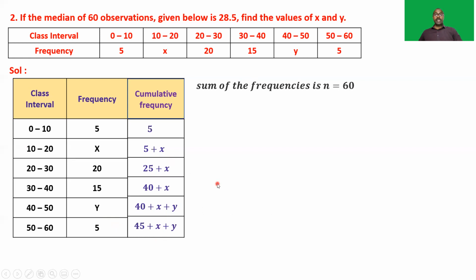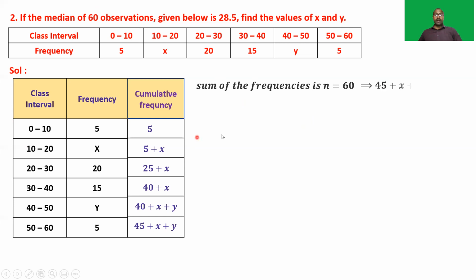Now, it is given that the sum of frequencies n is equal to 60. Because in the problem, it is given that there are 60 observations, that is, there are 60 frequencies. So the sum of the frequencies is 60.